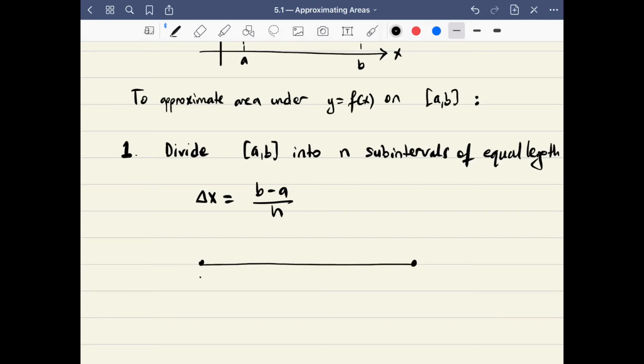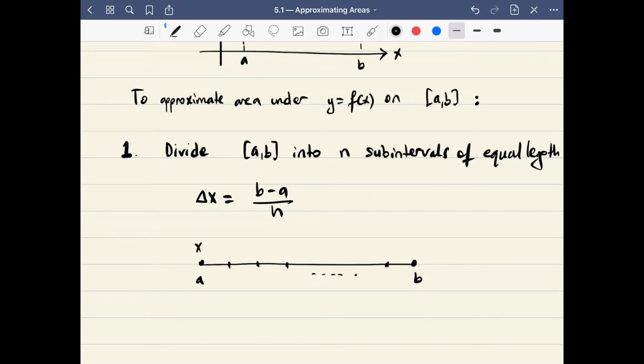Let's say this is a and then this is b. So you have many intervals here of the same length. Each of these points that I've drawn here is an endpoint for some subinterval. So we're going to give them names.